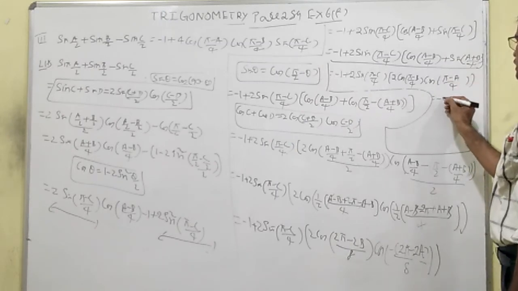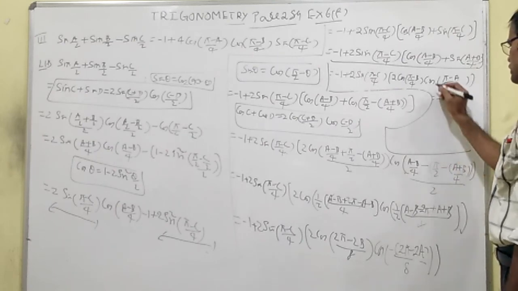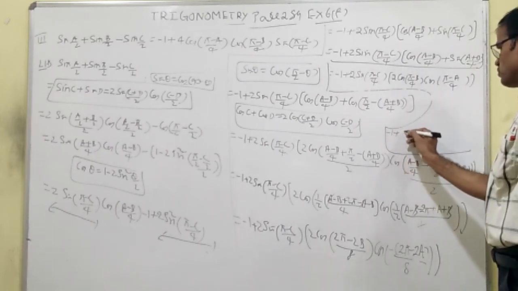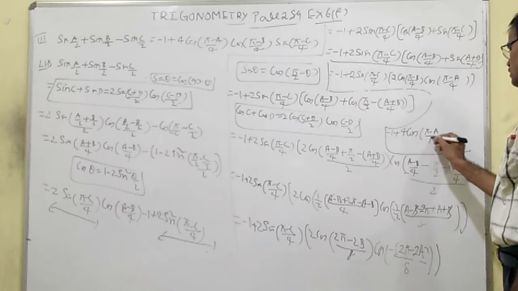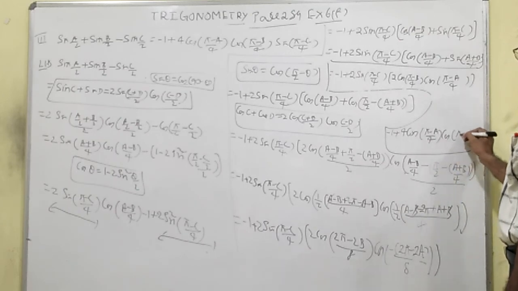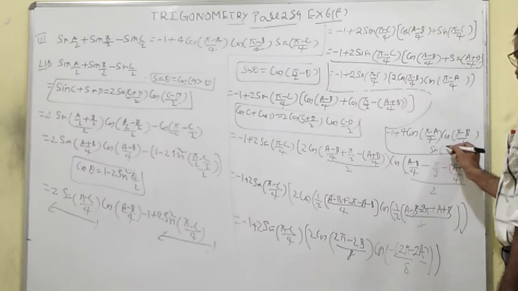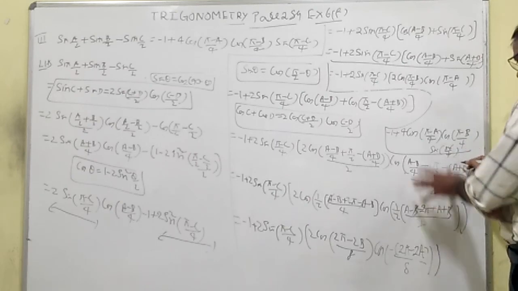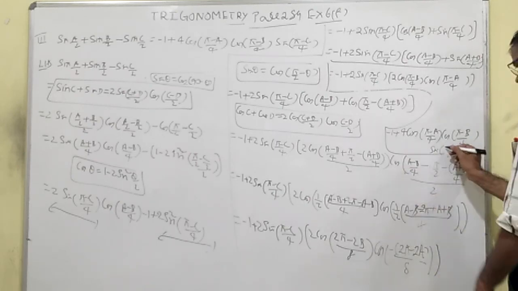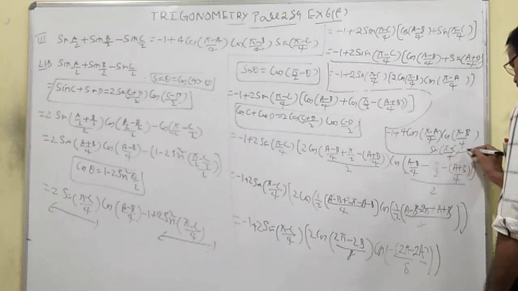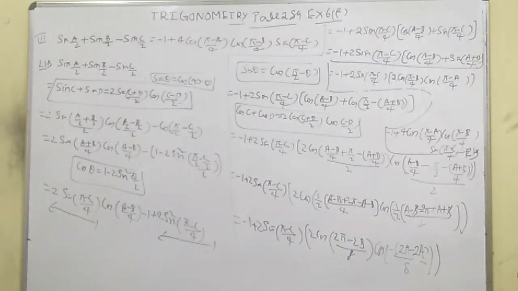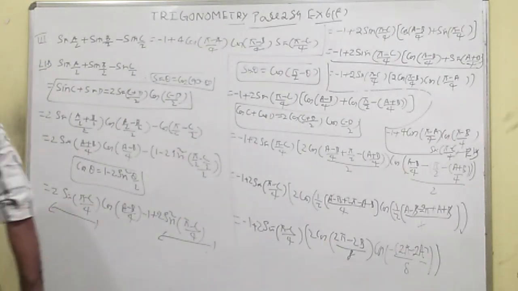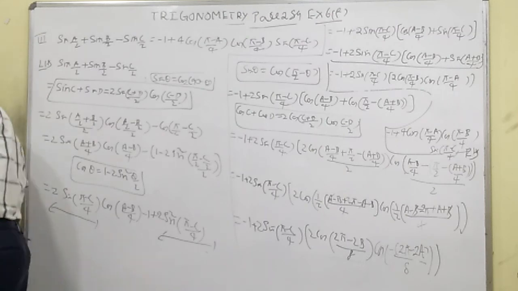Now multiply and write in the order: minus 1 plus 4 into cos of (pi minus a)/4 into cos of (pi minus b)/4 into sin of (pi minus c)/4. This is the RHS. This is the RHS of fifth question, third part.